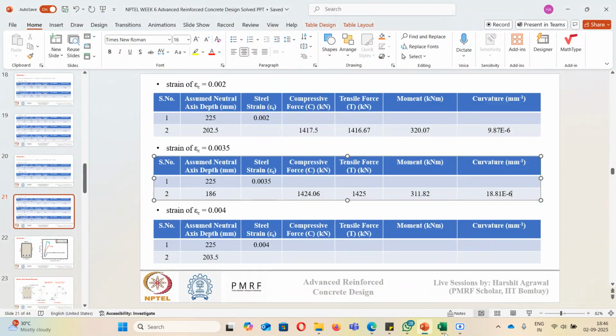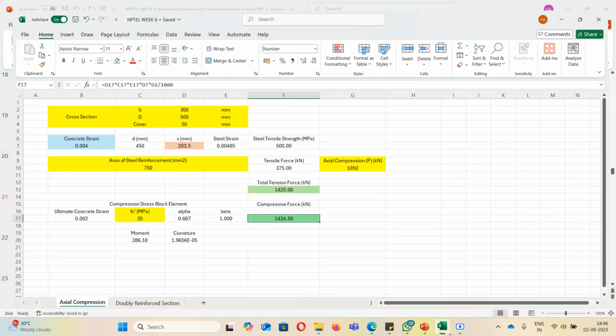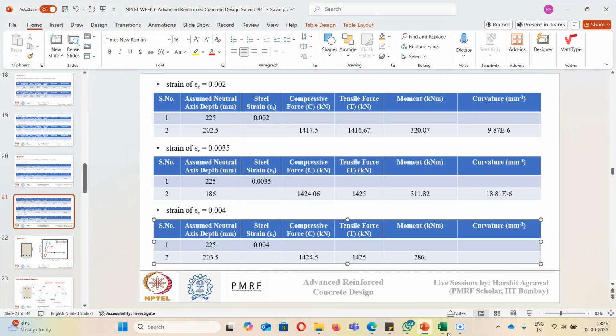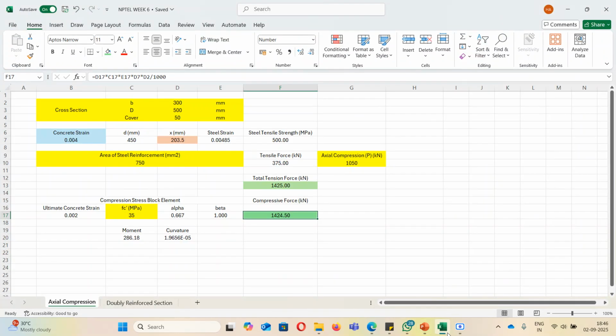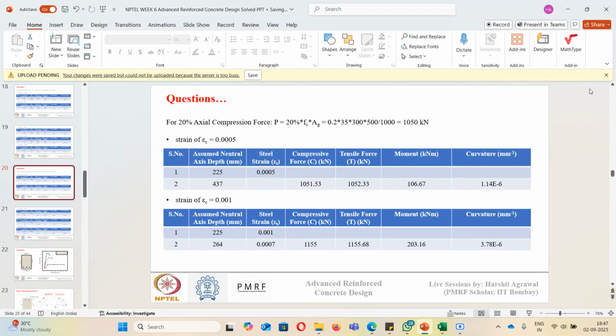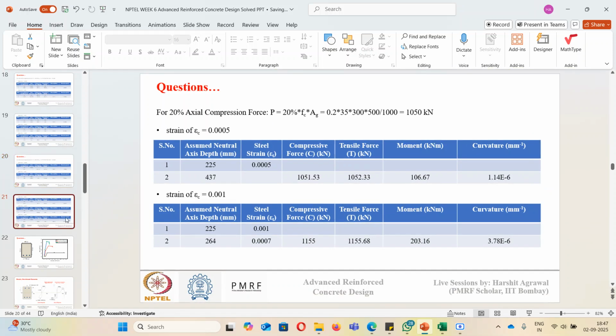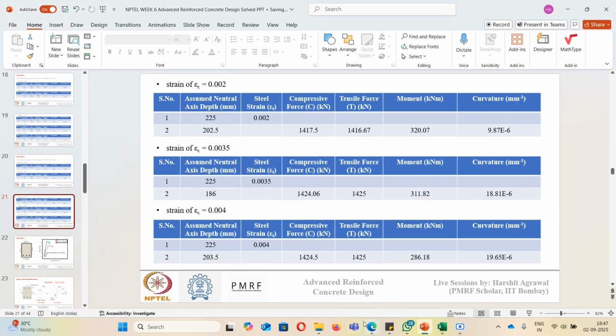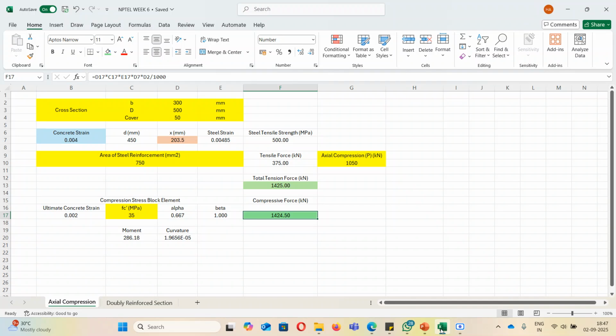Okay, compression force is 1424.5, tension force is 1425, moment will be 286.18, and curvature is 19.65 into 10 to the power minus 6. Okay, so this is how we can do calculations at various compression levels very easily if we use an Excel sheet as a tool for calculation.